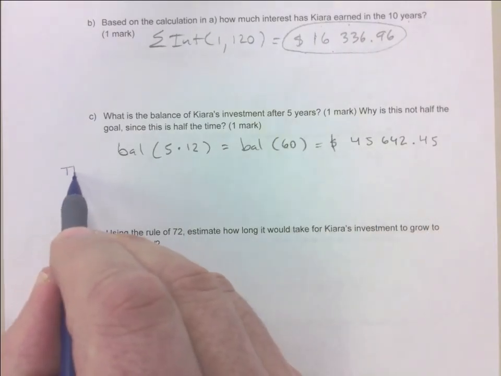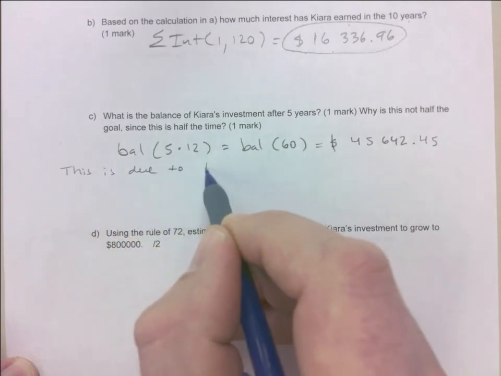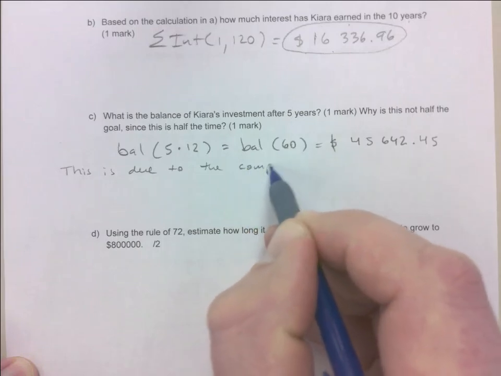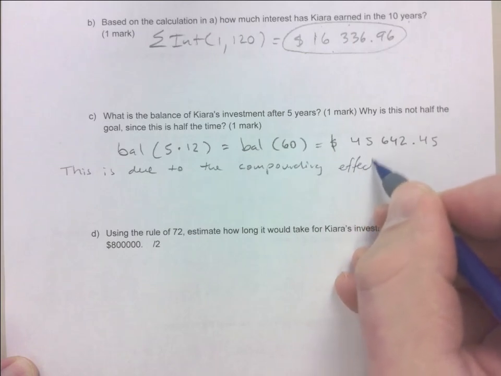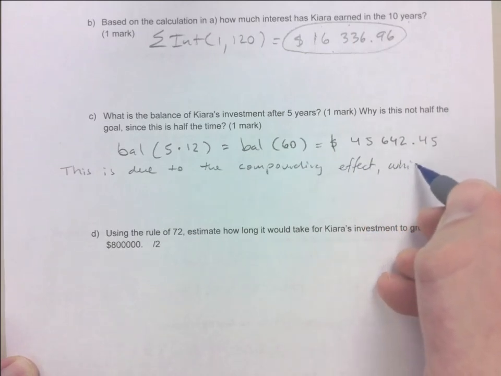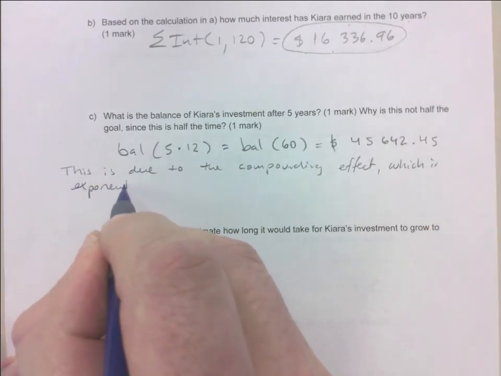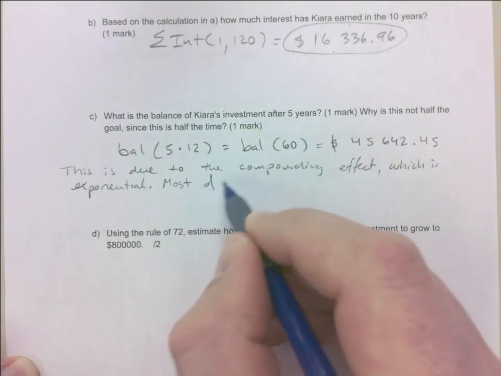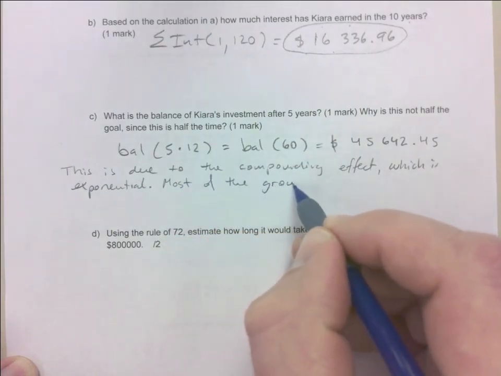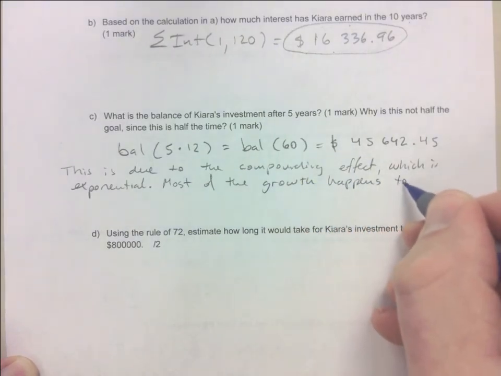This is due to the compounding effect, which is exponential. Most of the growth happens towards the end.